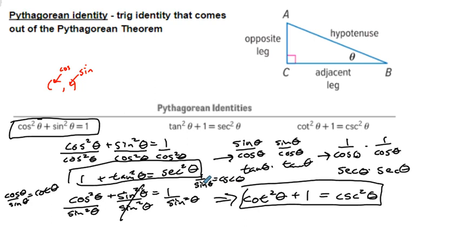You won't have to do a lot of that, but occasionally they'll try to trip you up. So it's good to remember that you can move things around in any algebraic equation, even when it involves trig functions and squared trig functions.